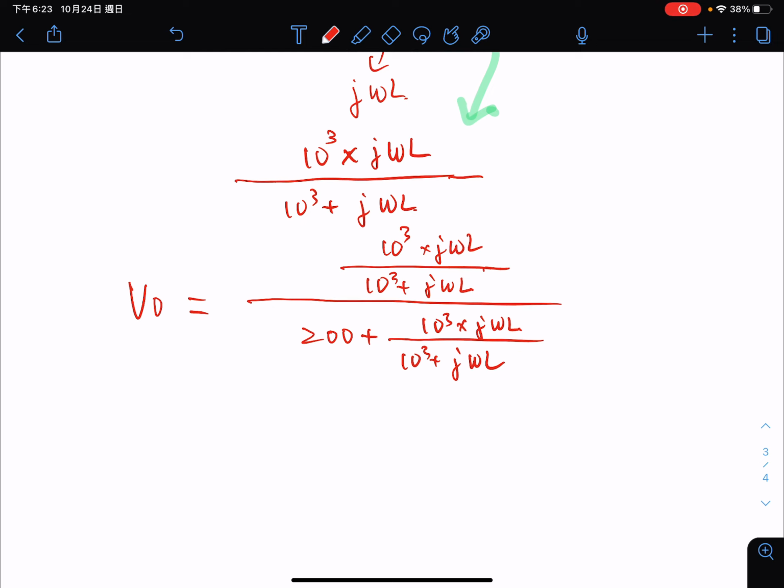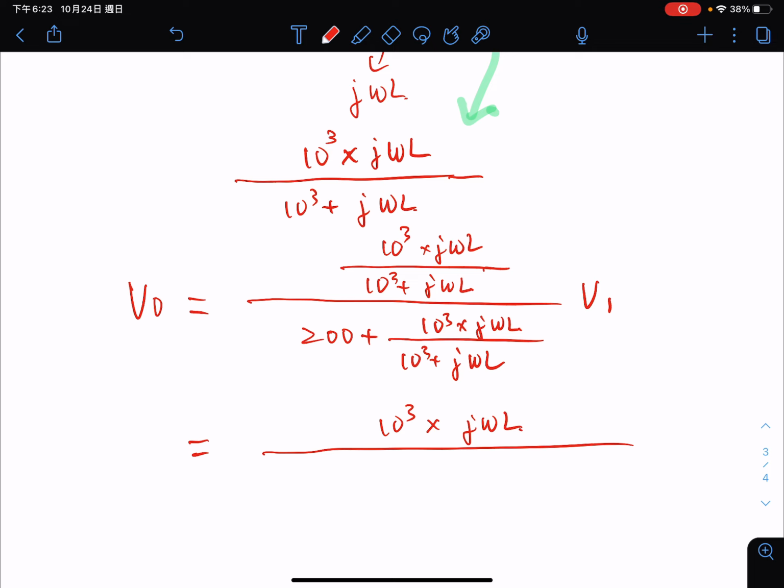And if we multiply the 10 to the 3 plus j omega L, we will have 10 to the 3 multiplied by j omega L, right?